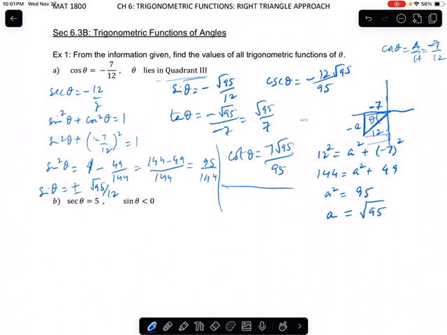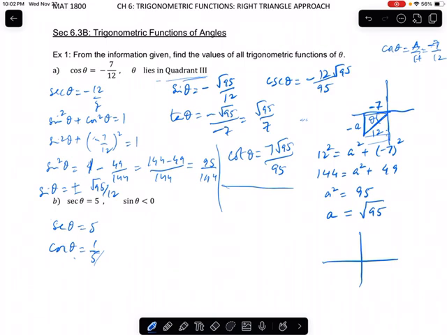Looking at the second part, secant of theta is equal to 5 and sine of theta is less than 0. Secant of theta equal to 5 means cosine of theta is equal to 1 over 5. So decide in which quadrant theta will be so that it satisfies these conditions, and then draw it.